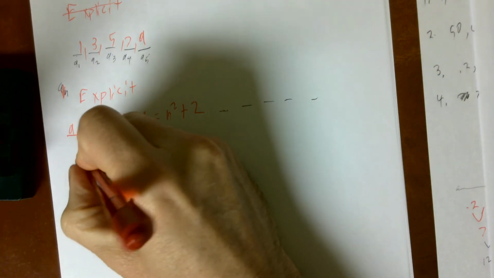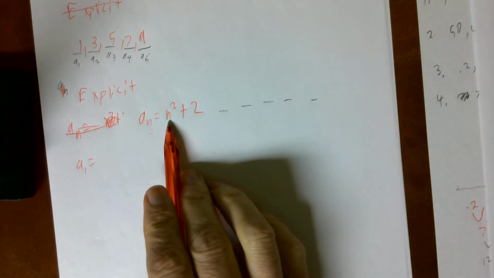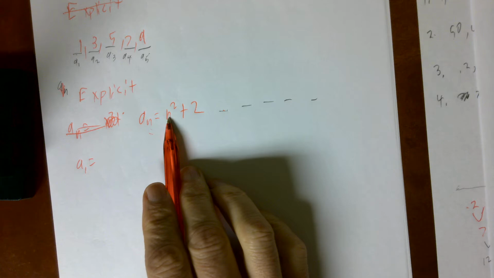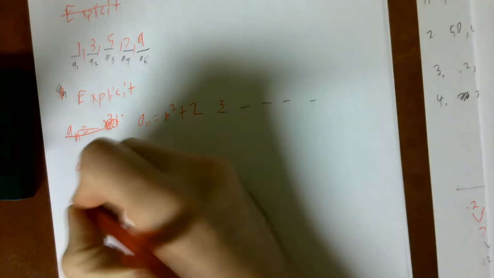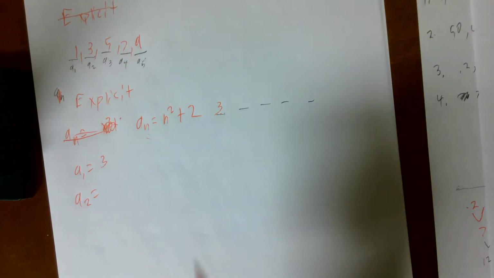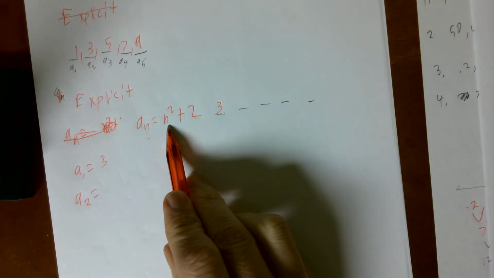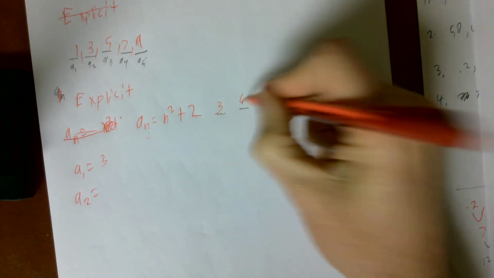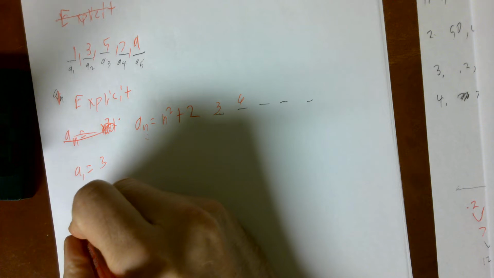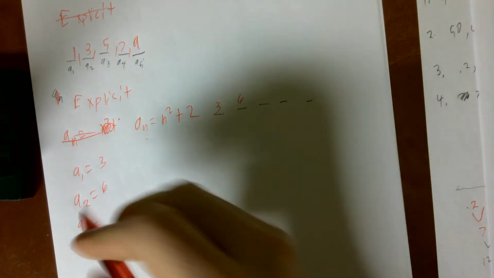Well, to figure out the first term, a sub 1, plug a 1 in. 1 squared is 1, 1 plus 2 is 3. Then I want my second term. I plug a 2 in, 2 squared, 4, plus 2 is 6. For a sub 3, 3 squared, 9, plus 2 is 11.